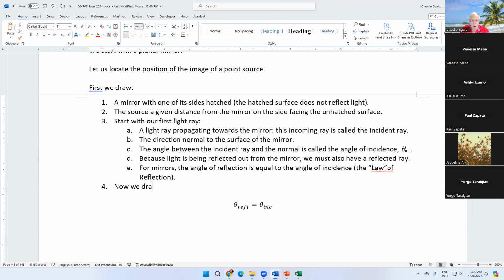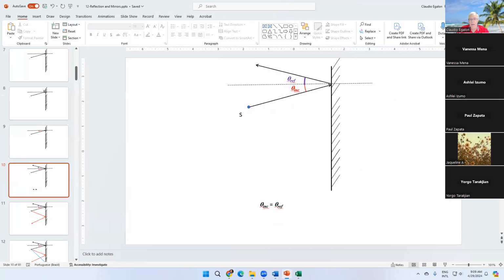Now we draw a second light ray coming from the source. Any light ray in any direction. Here's the second light ray. I'm going to go step by step. The second light ray is this one here.